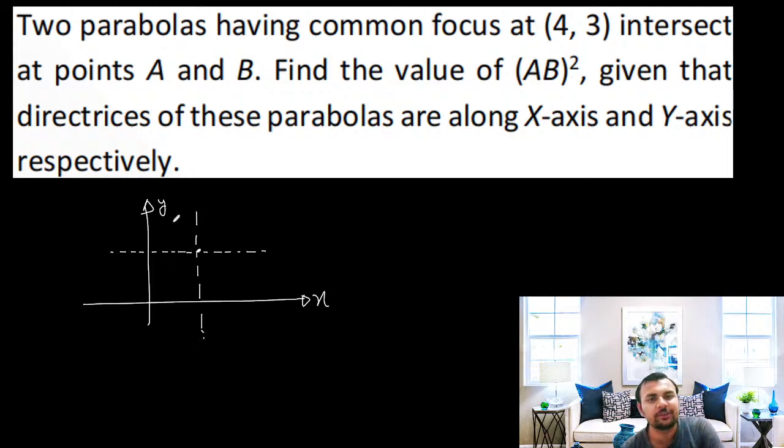That means if one is going like this, one is going like this, so AB whole square, focus and directrix. So this is somewhere, if we consider it, y is (0, 3) and x is (4, 0).